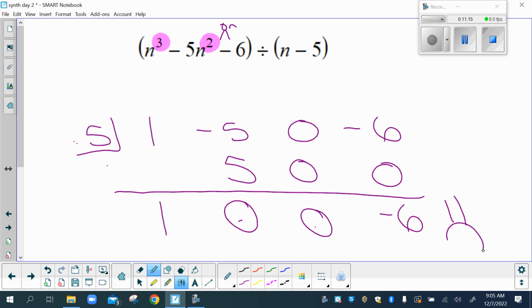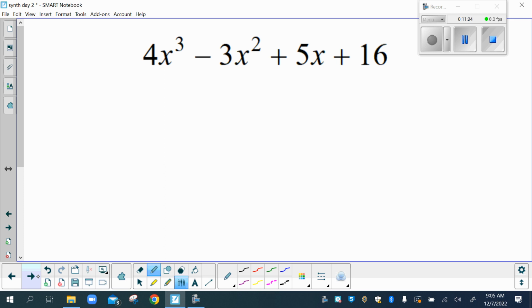Okay, last thing that we're doing, and then I am shutting up for the day, I'm very excited about that, is it turns out synthetic division is totally magical in many ways. It'll wash your dishes, it'll feed your dog, it'll take you to the park if you're bored at home.